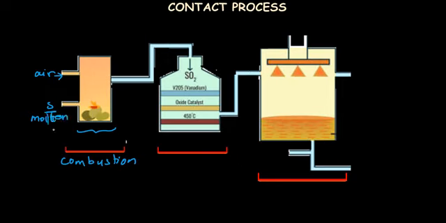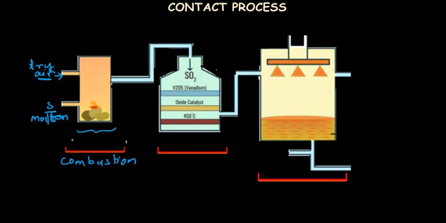Sulfur is first heated, melted and added in the compartment where air is also added for the combustion of sulfur. Now, it's necessary that we add dry air. Dry air is necessary because the humidity of air will create problems. So dry air is needed.